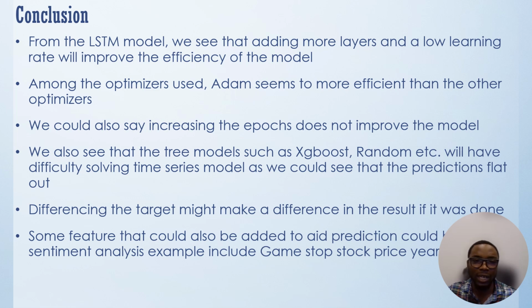Also, one thing I discovered is that increasing the epoch and the batch size has nothing to do with the efficiency of the model. Also, we see XGBoost, random forest, and SVR predictions came out flat, so we cannot actually use them to predict the stock price.